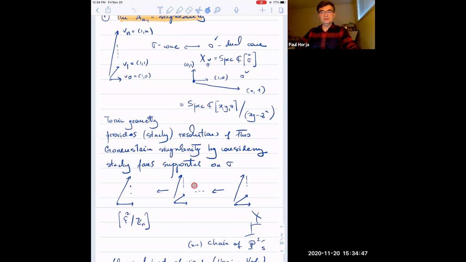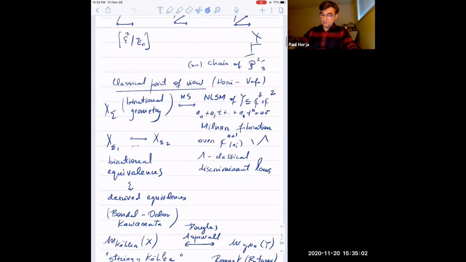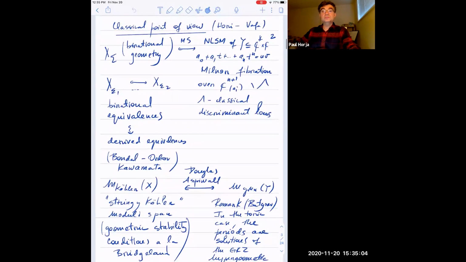As far as I'm concerned, the main reason for doing it this way is that if you want to do homological mirror symmetry, life is much better in this world of stacks.